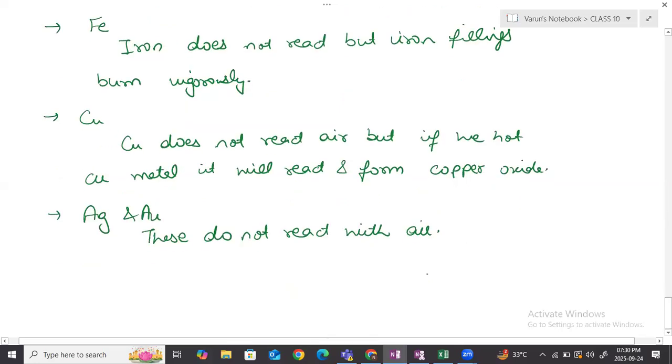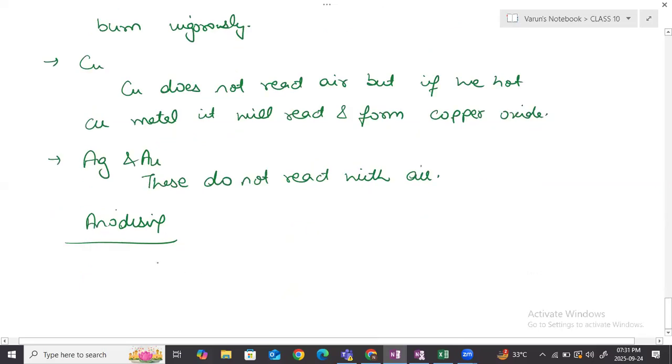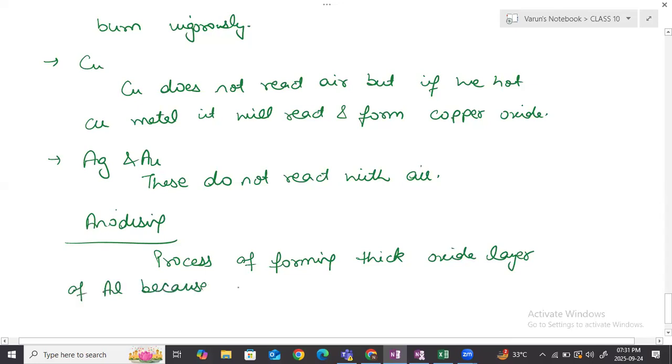Depending on this, we have a process that we call anodizing. Anodizing is basically a process in which we make a thick layer of aluminum oxide over a metal to prevent it from further corrosion. Process of forming a thick oxide layer of aluminum, because it is resistant to further corrosion.